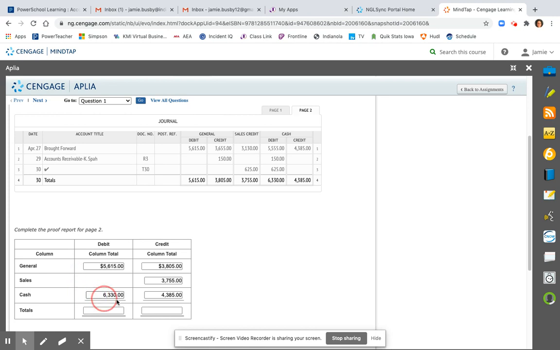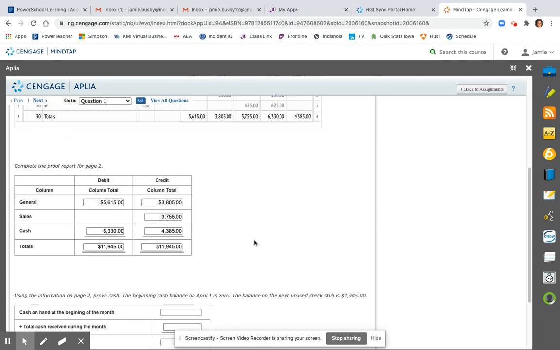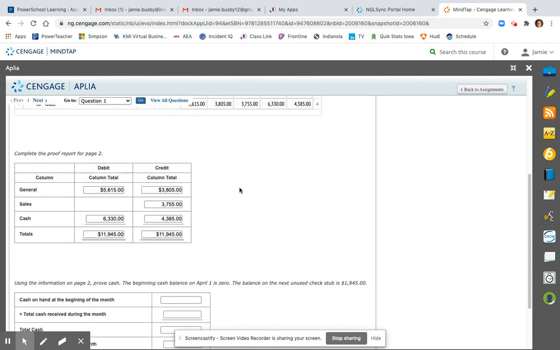So these numbers right here, coming directly from these totals at the end of April, the last date of the month. We need to add up our debits, so those two numbers add together gives us $11,945. We need to add up our credit, three numbers, leaves us with $11,945. Debits equal credits, then we're good to move on.